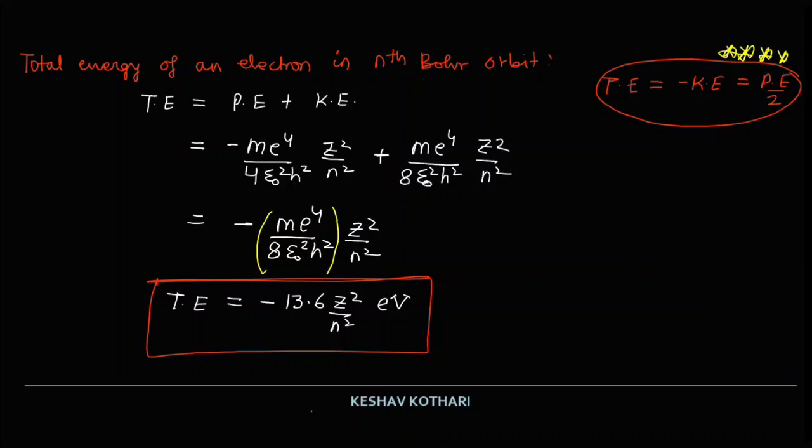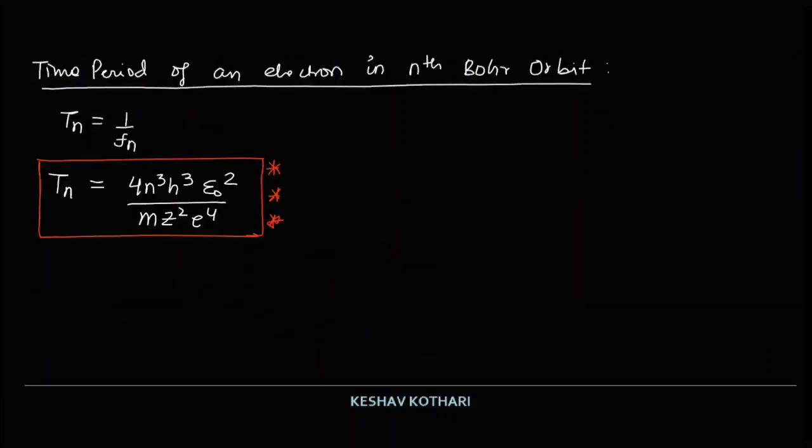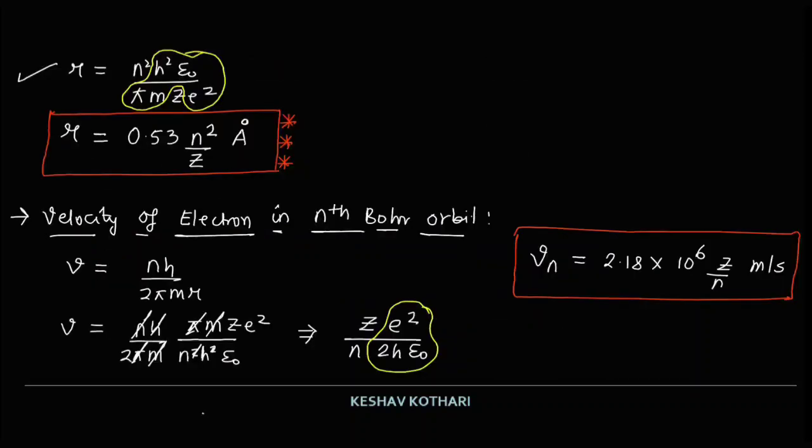Now it is very important for you to understand that among all these equations which we have obtained, I am marking a few equations which must be kept in mind. This is one of those equations, and this is one of those expressions. If we come previously, this is the expression of the velocity and radius which must be kept in mind, because if you remember these parameters, you will be able to calculate the rest of the parameters very easily.